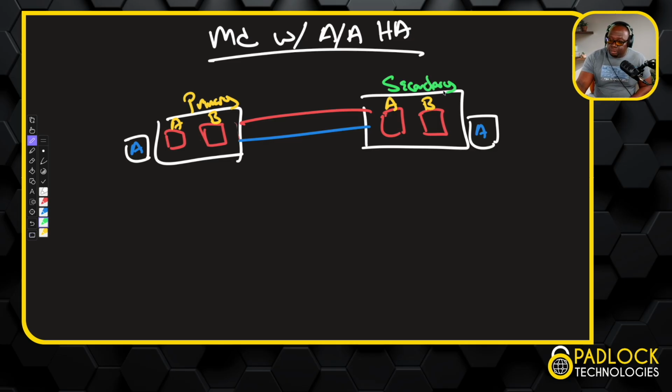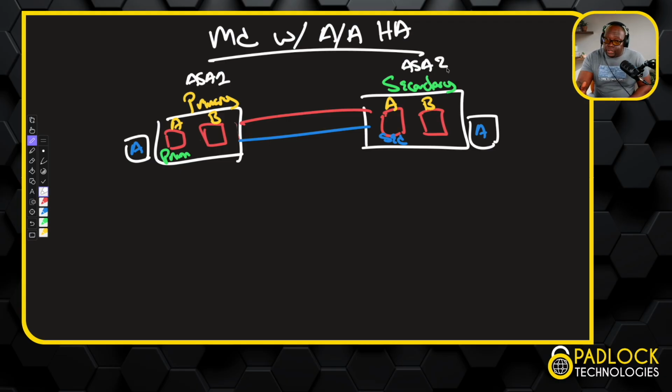Then you're going to have a primary for context A, and we'll use blue, and a secondary for context A. Now in this design, if we just leave it the way it is, that means ASA 1 and ASA 2. ASA 1 would be primary for the admin context and context B. Now here's where the active-active comes through.